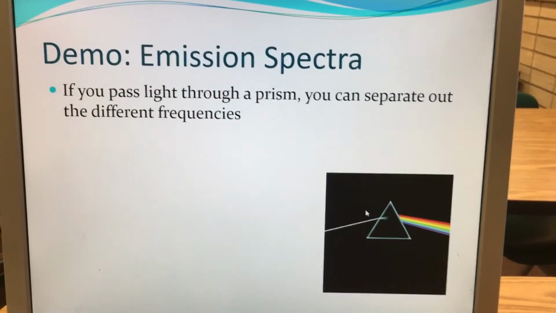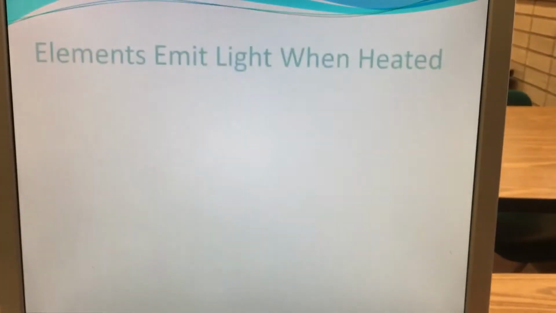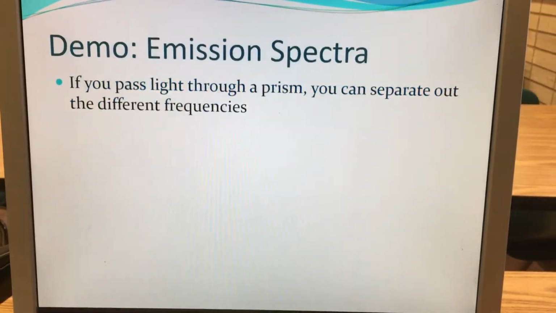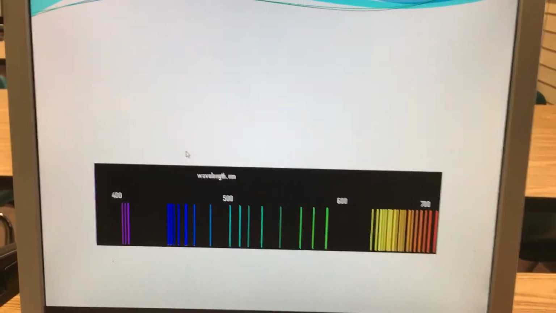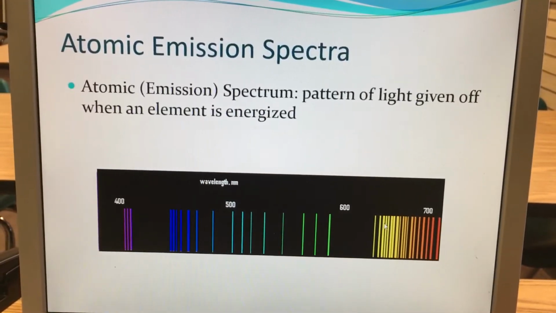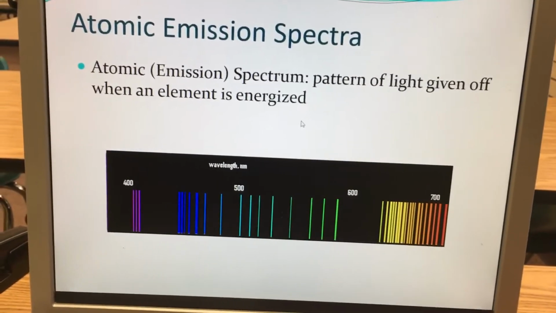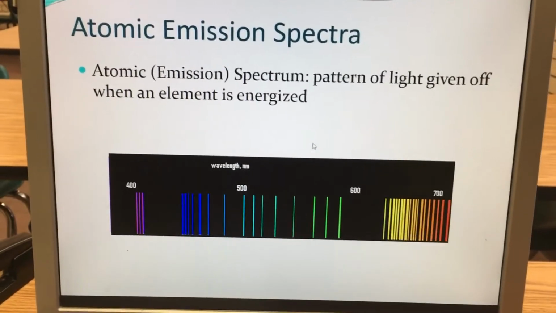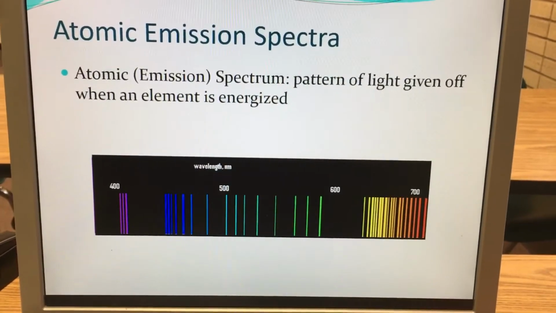So the light from an element, like from the tungsten in this light bulb, can be separated out too, but it's not going to be a full rainbow. It's going to be a set of lines, kind of like this. And that is called an atomic spectrum, or an atomic emission spectrum. To emit means to give off. So atoms emit light, or give off light, when they're heated.